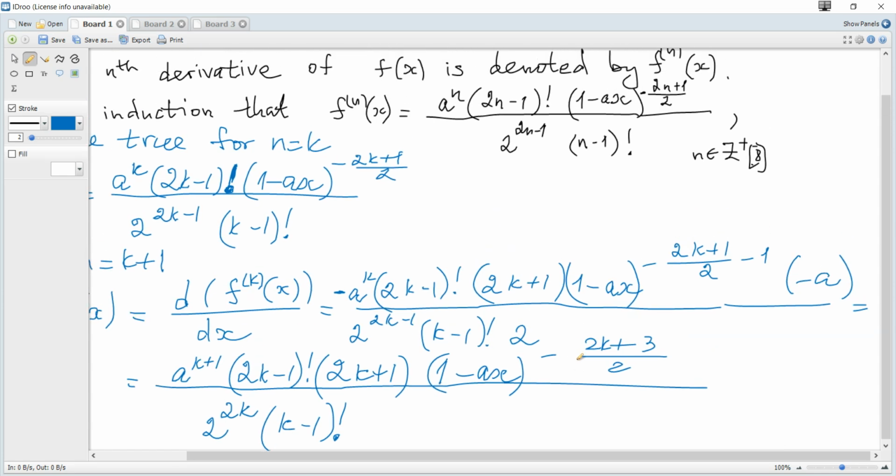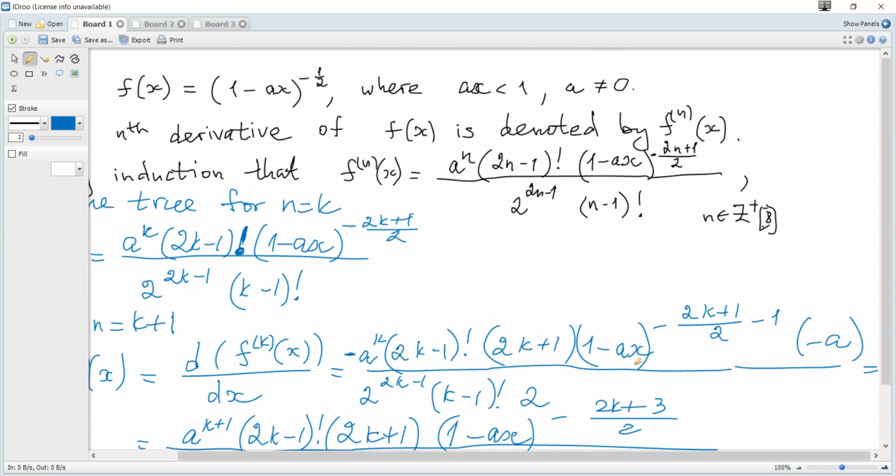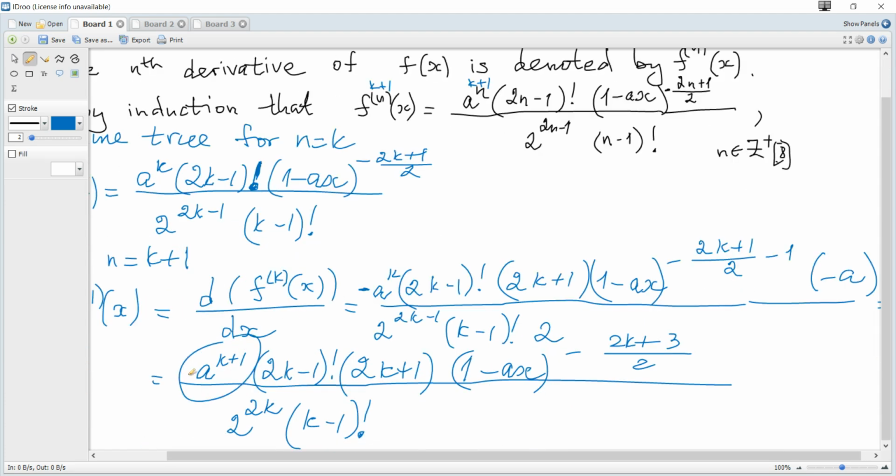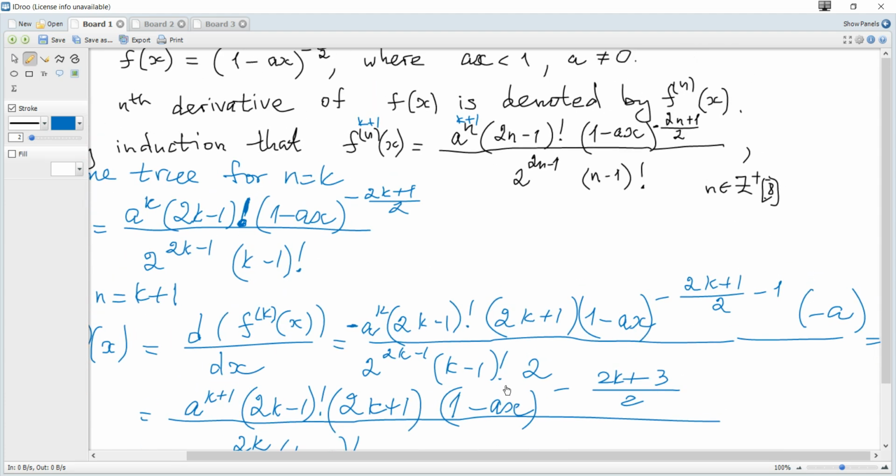And let's consider what is our aim, what should we get. For n is k plus 1, we should get a to the power of k plus 1. It's already as required.